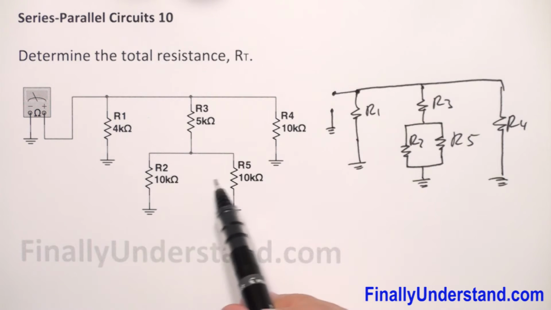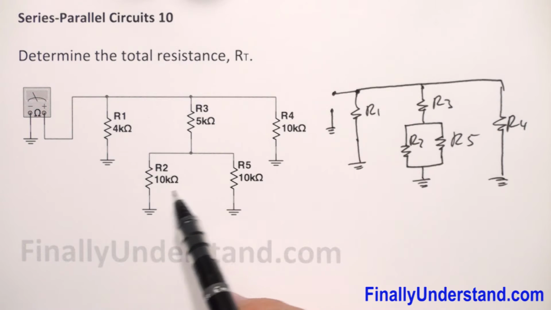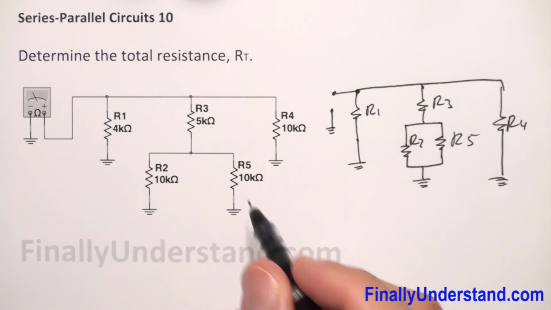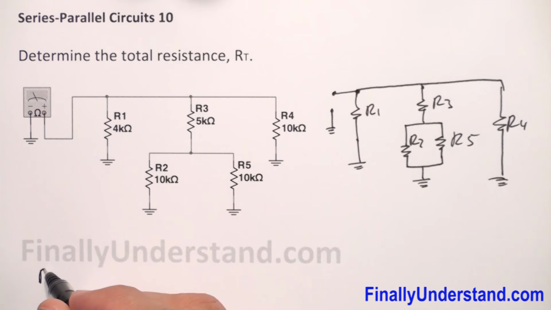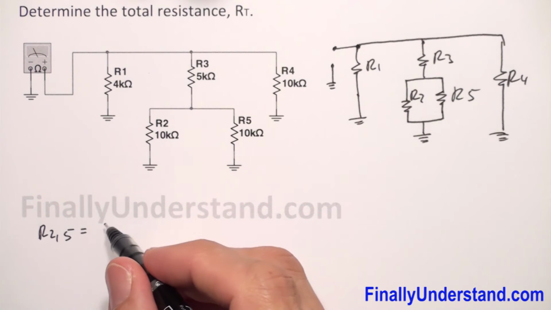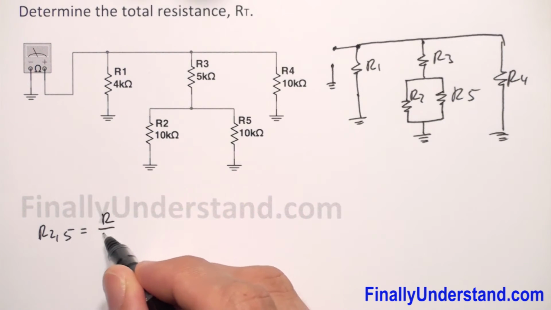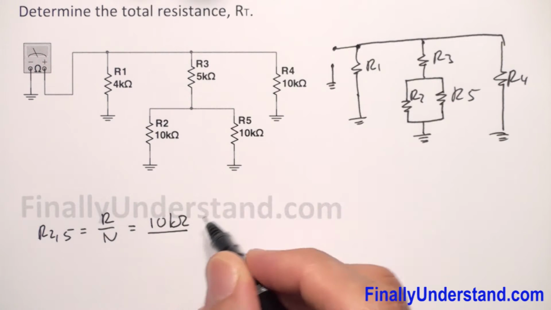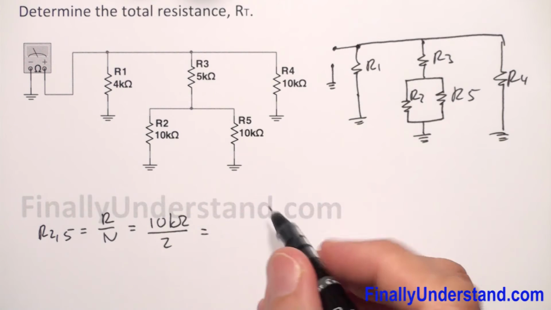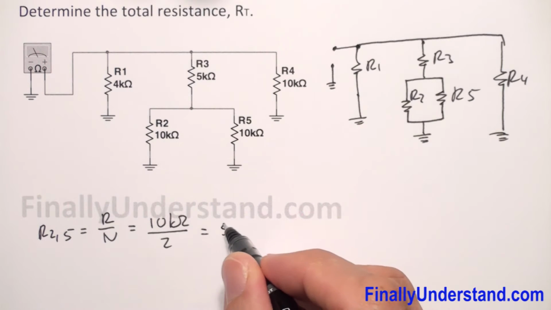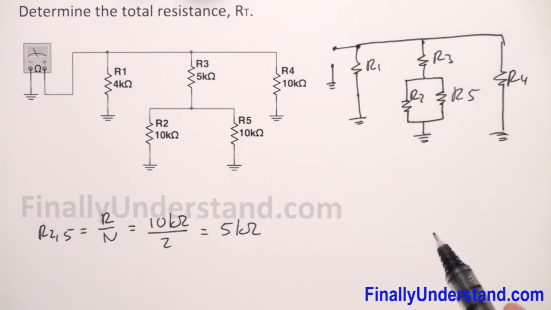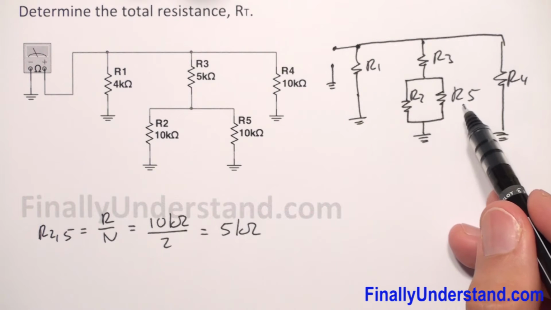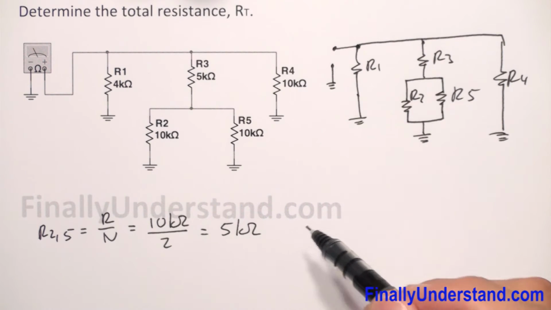Because these two resistors are in parallel and they have the same resistance, the equivalent resistance R2,5 you can calculate using this formula, R over N, where R is equal to 10 kilo ohms over 2. 10 kilo ohms divided by 2 is equal to 5 kilo ohms. So my R2,5 is equal to 5 kilo ohms.